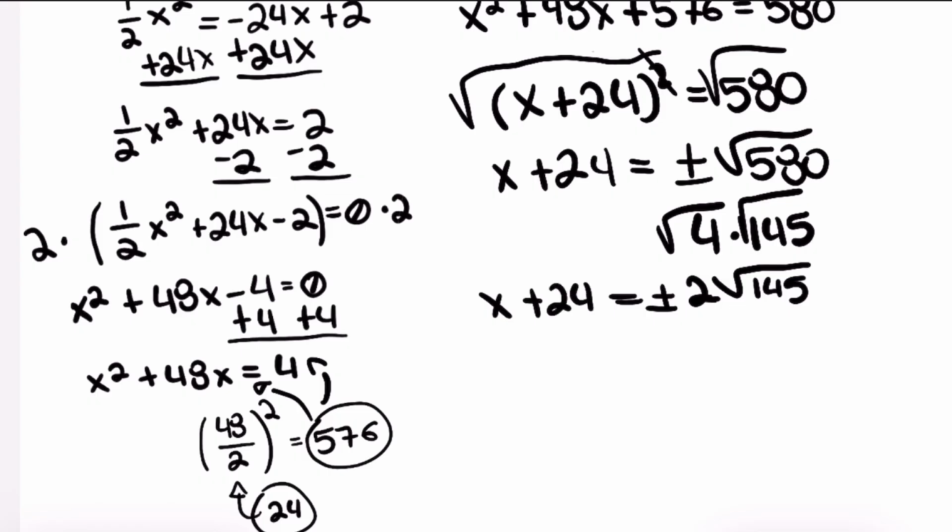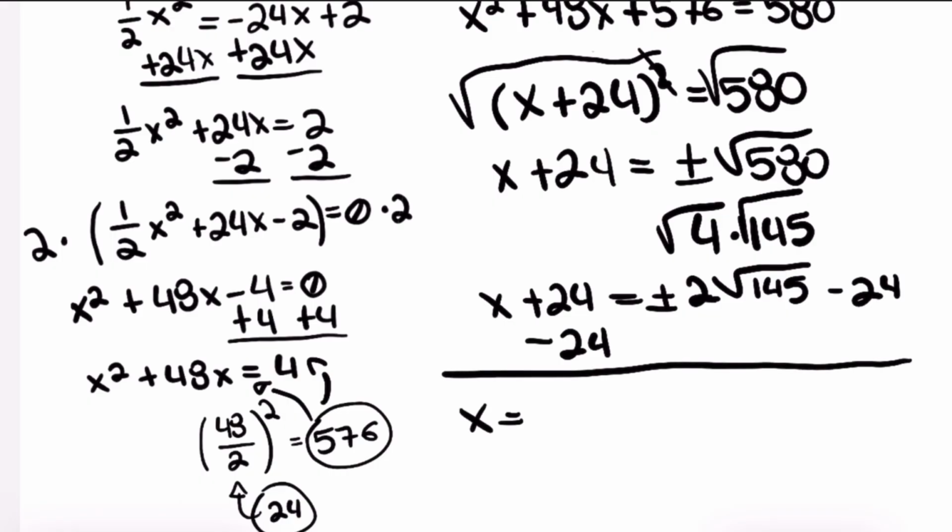And we want to isolate our x, so we'll subtract 24 on both sides. So now we'll have x equals negative 24 plus or minus 2 square root of 145.